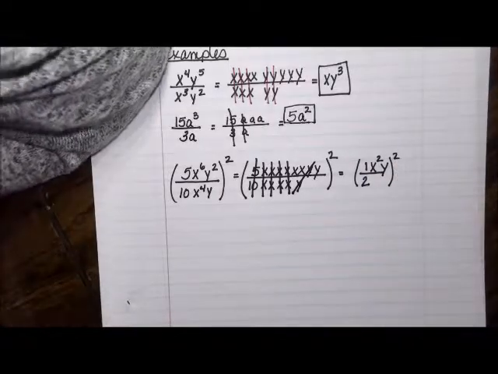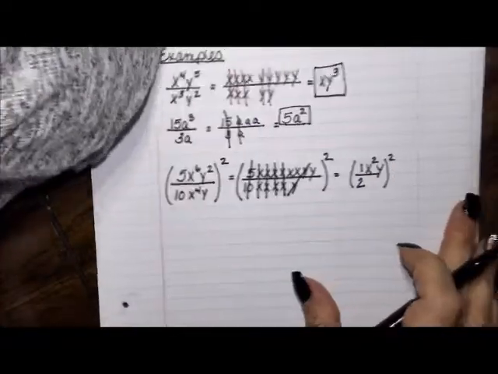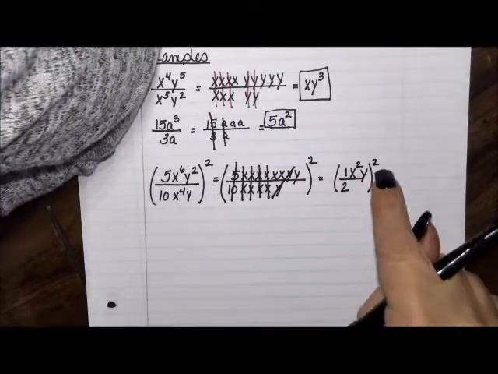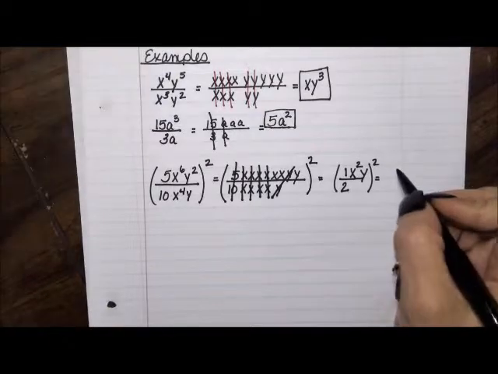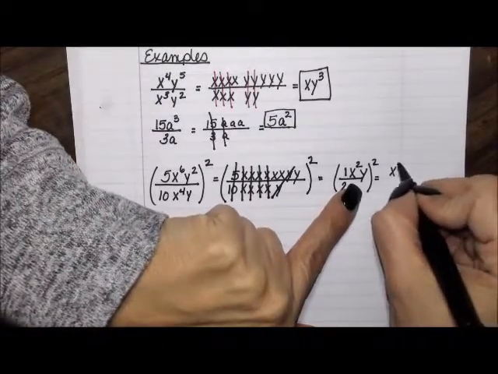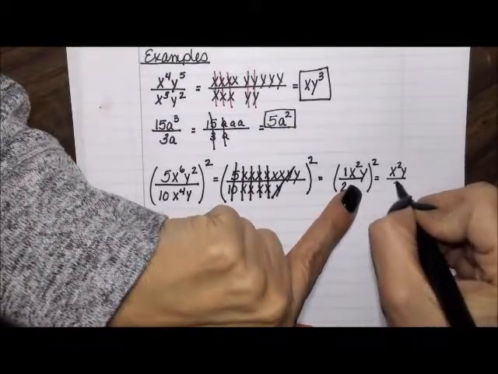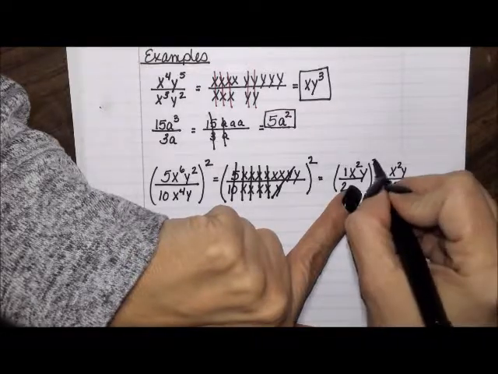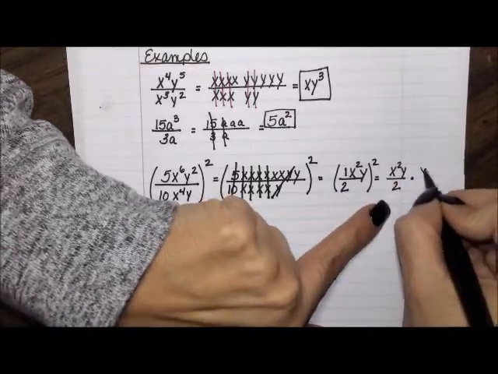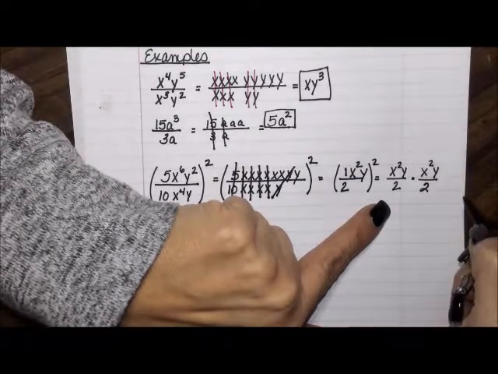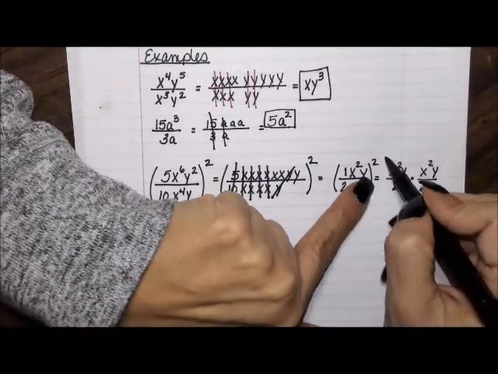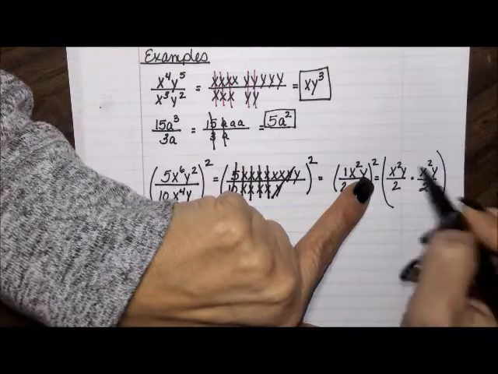And this is squared. Okay, so remember, this just means to take all of this 2 times. So I need to take x squared y over 2 times, x squared y over 2. Now I'm going to put parentheses around this because this is what I'm multiplying.